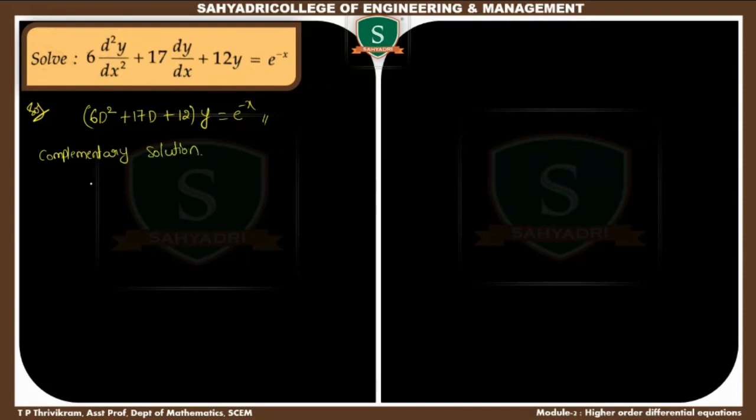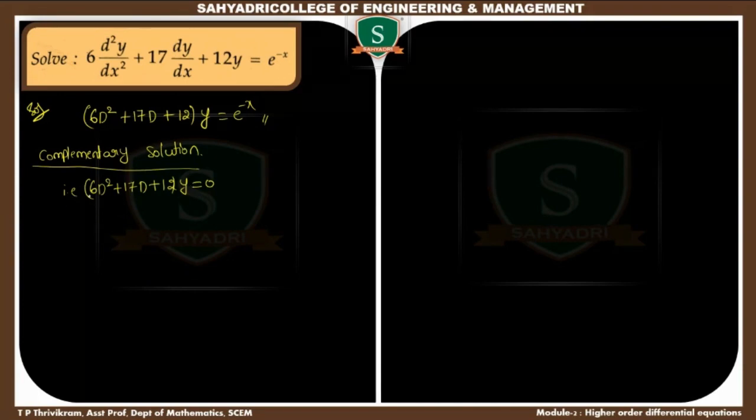So first, to get a complementary solution, equate LHS equal to 0. That means (6D square plus 17D plus 12) into y equated to 0. From now onwards we will do as usual, like the previous problems in yesterday's class. In the complementary solution, this one I'll solve by formula.